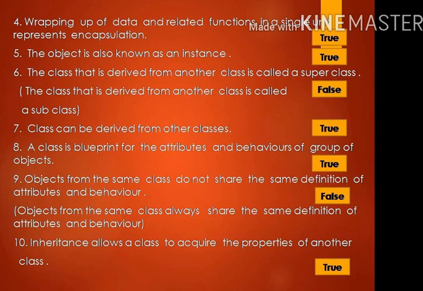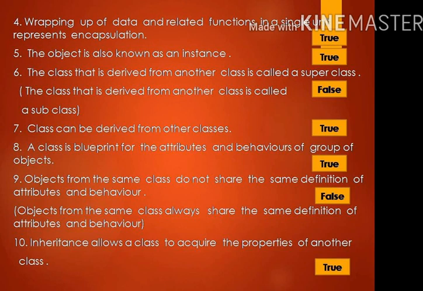Question number 7. Class can be derived from other classes. True. Number 8. A class is a blueprint for the attributes and behavior of a group of objects. True. Number 9.